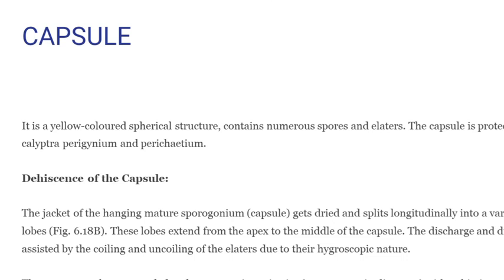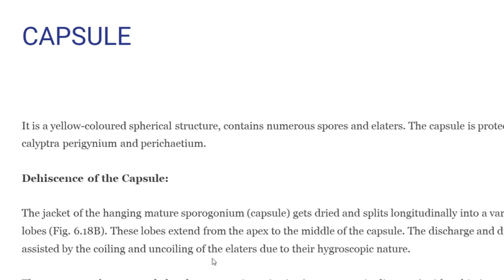The dehiscence of the capsule: the jacket of the hanging mature capsule gets dried and splits longitudinally into a variable number of longitudinal lobes. These lobes extend from the apex to the middle of the capsule. The dispersal of spores into the air is assisted by the coiling and uncoiling of the elaters due to their hygroscopic nature.